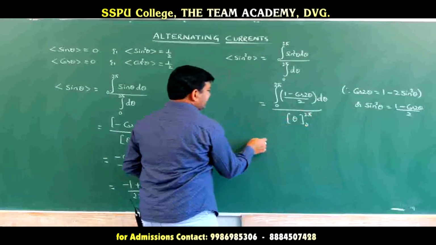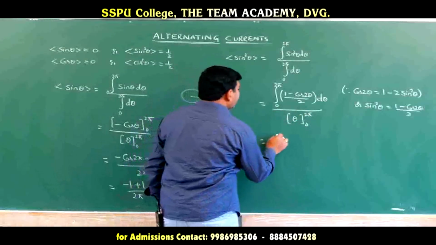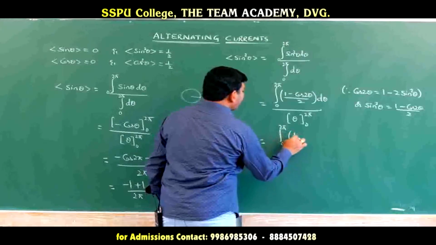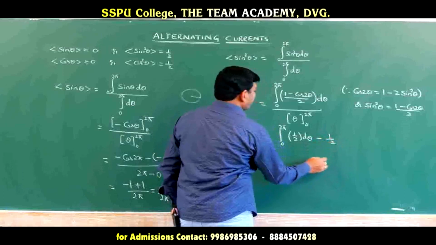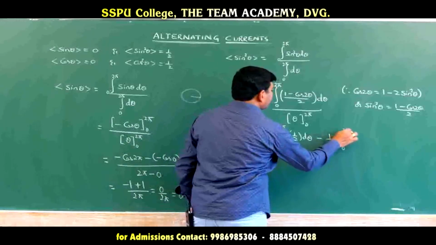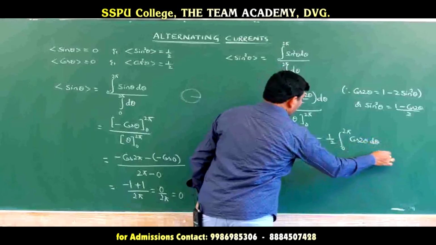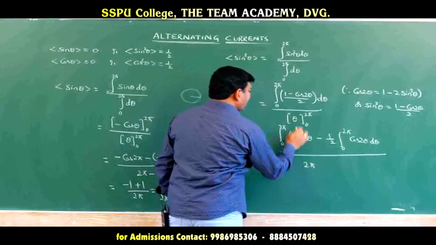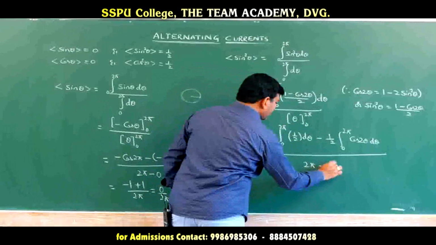Is it clear? Now you can split the integration for the two terms. Therefore I can write it as the integral from 0 to 2 pi of half d theta minus half into the integral from 0 to 2 pi of cos 2 theta d theta, all divided by 2 pi minus 0, since I substitute the upper limit 2 pi minus the lower limit 0. Is it clear or not?